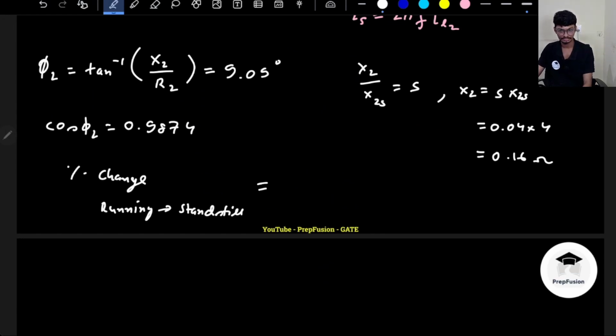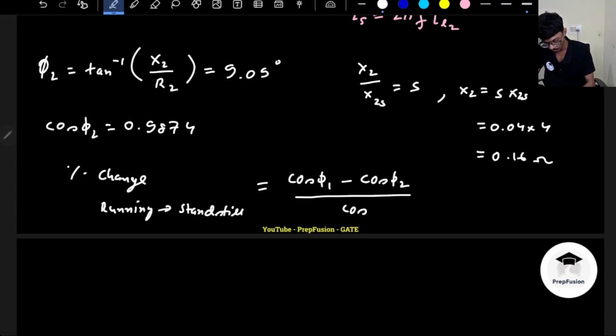So running is the reference, so it will be the new power factor minus the old power factor, divided by the old one, relative to the old one. Cos phi 2 is the running one, that's why I'm calculating the change with respect to the running one, into 100 for the percentage.